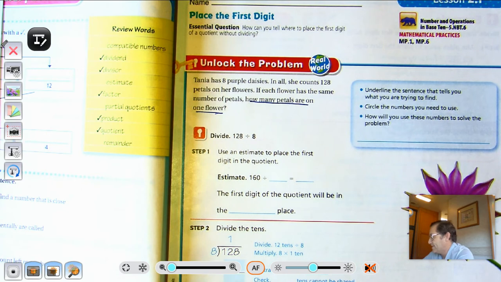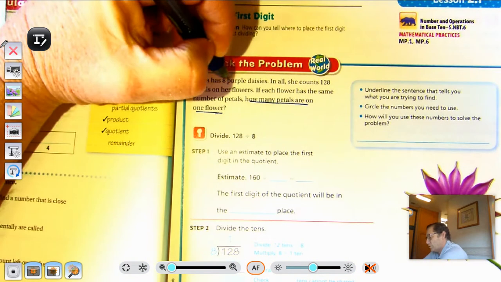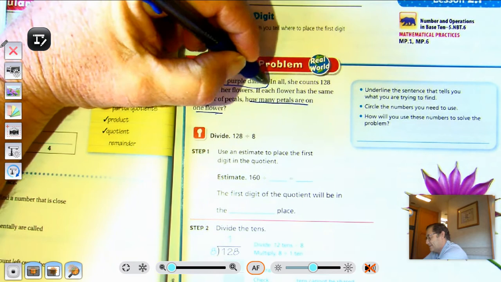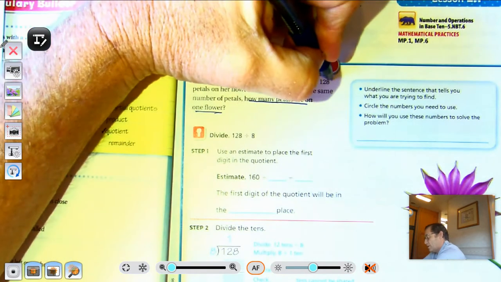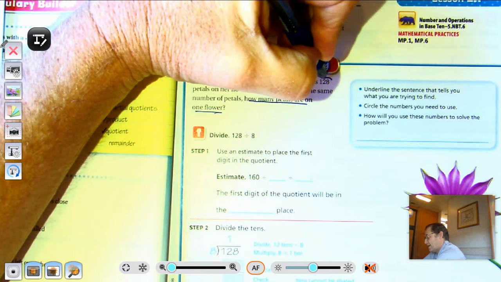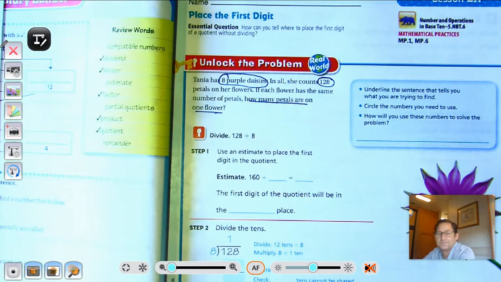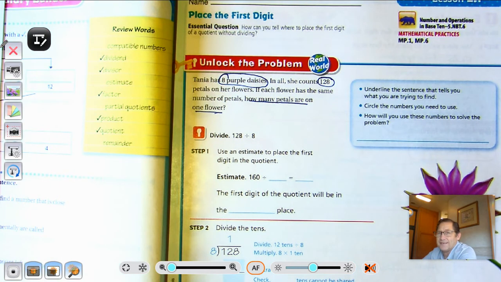Circle the numbers we need to use. Well, she has 8 purple daisies and she has 128 petals total. How will we use these numbers to solve the problem? Well, we have 128 total petals shared amongst 8 daisies.